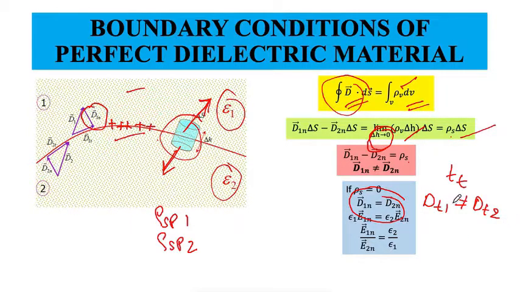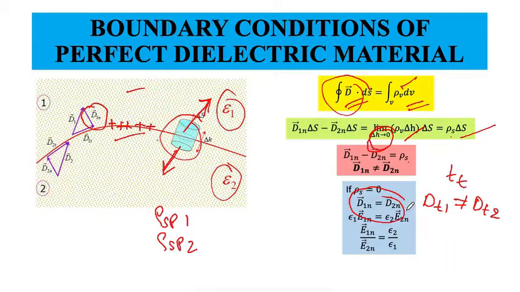Similar things will happen for the electric field also. Why? Because the normal component of D in medium 1 is equal to the normal component in medium 2. But how are D and E related? By permittivity.